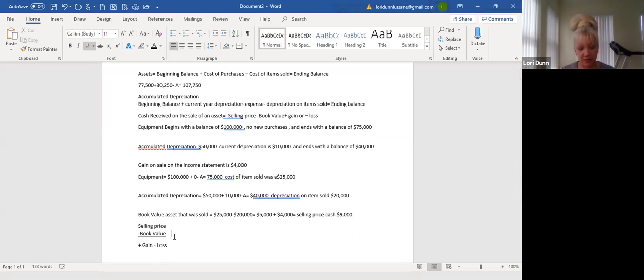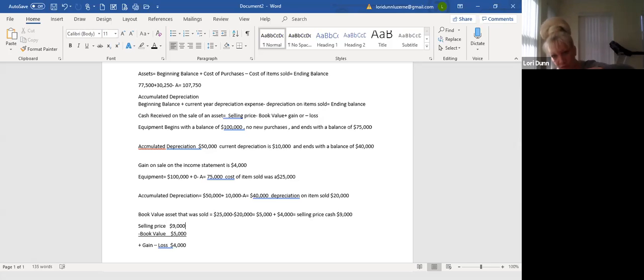We know book value is 5,000. We know the gain from our income statement on this sale was 4,000. So that means we must have received $9,000.